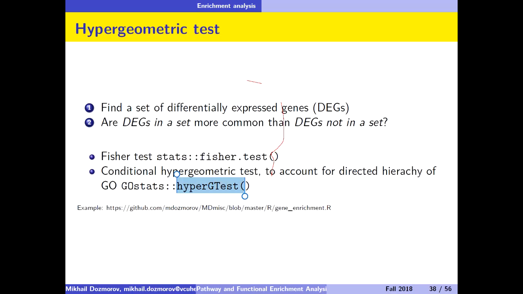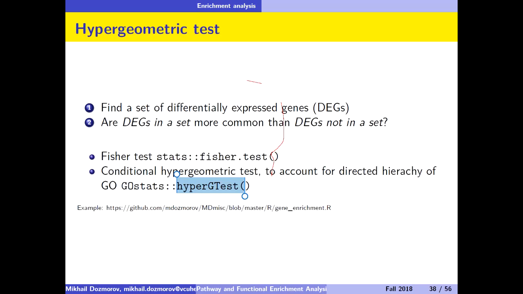It performs conditional hypergeometric test to account for the hierarchy of gene ontologies. Remember, I showed you gene ontologies are organized as a hierarchy, and if you do just enrichment analysis on each function in this ontology, you can get a lot of significant functions, but they are kind of redundant. Remember, like pigmentation during development, they are similar things.